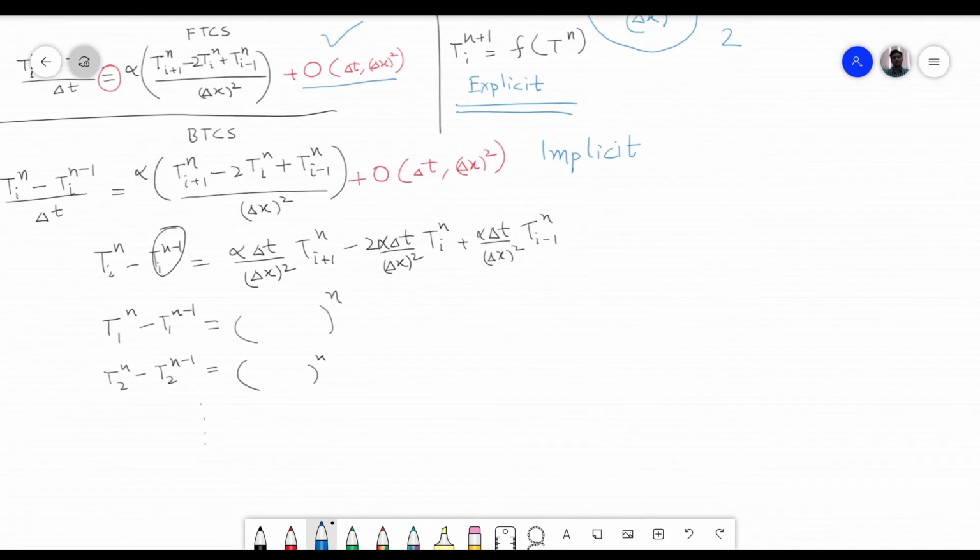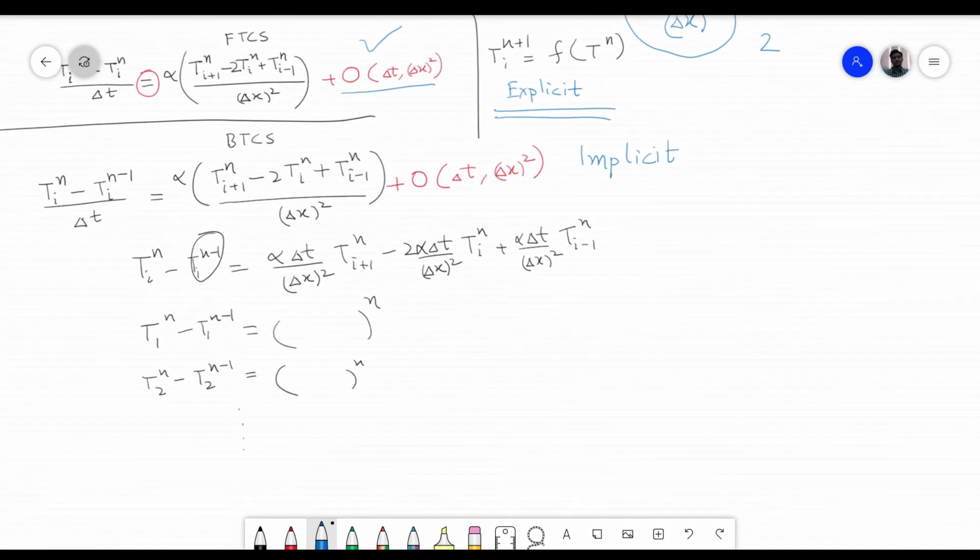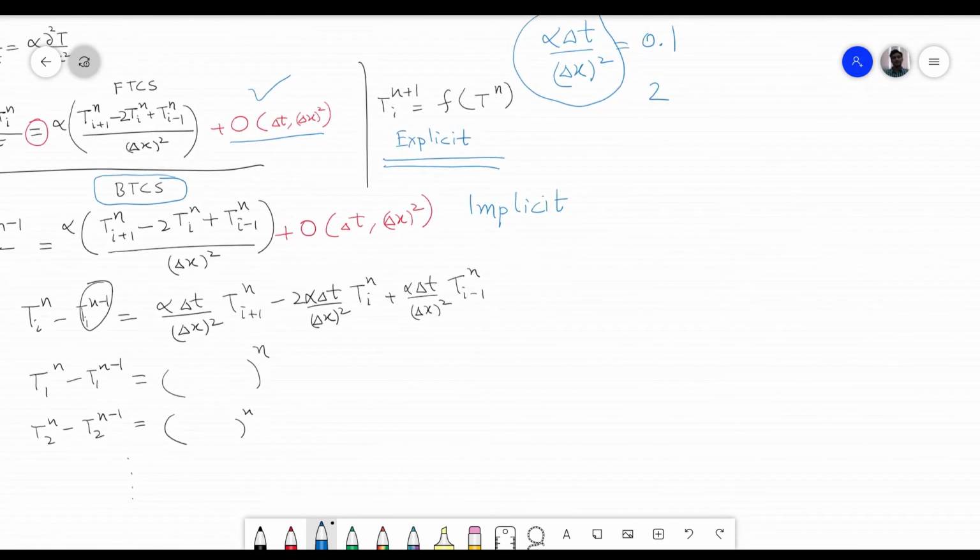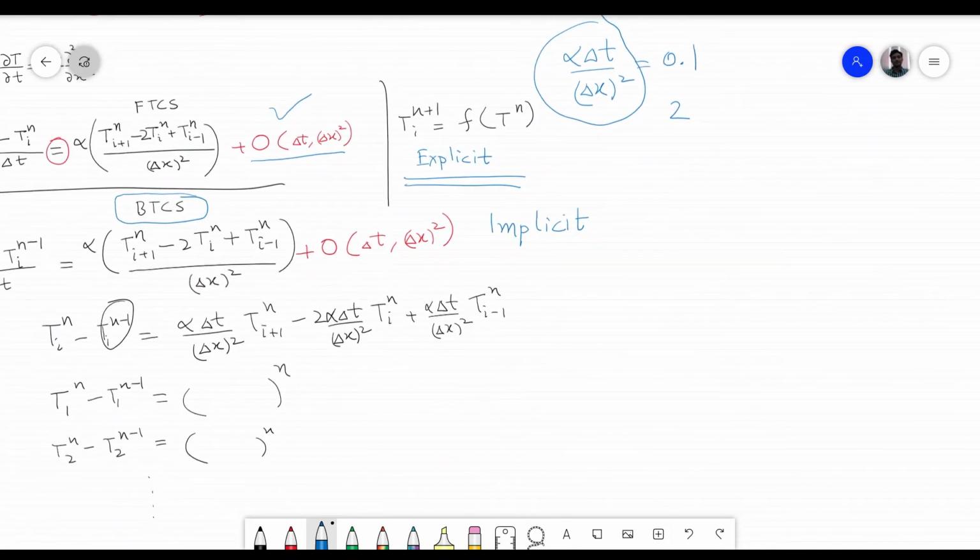Whereas for this particular scheme, BTCS, if you find out the stability condition, which we will do later on, you don't get any condition on alpha delta t by delta x square. It is unconditionally stable. Whatever value of alpha delta t by delta x square you take, you will get a stable result.